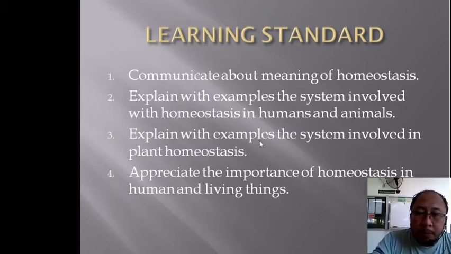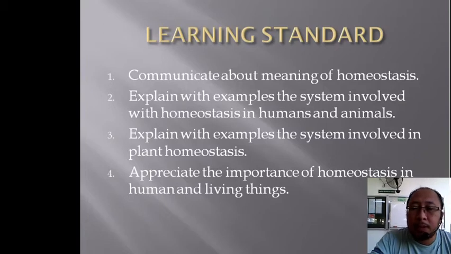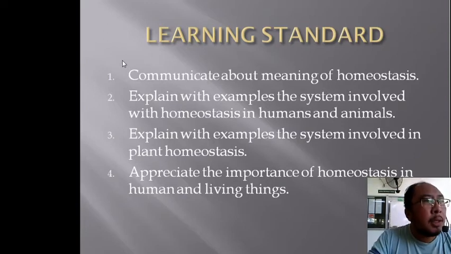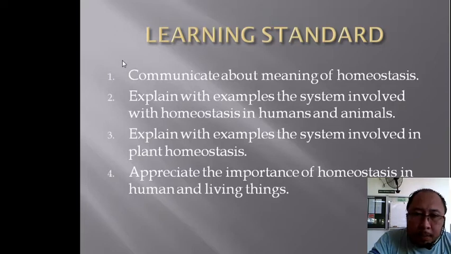Third, explain with examples the system involved in plant homeostasis. And number 4, appreciate the importance of homeostasis in human and living things. So this is 4 learning standard that should be mastered by all of you, that should be understood about this topic, about this chapter.